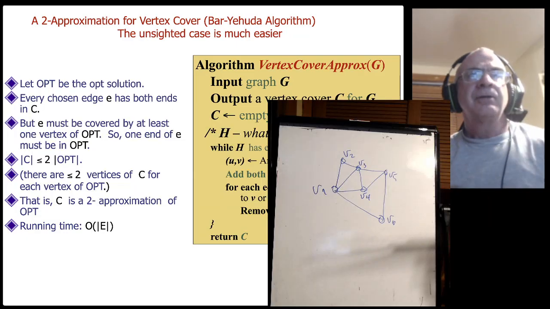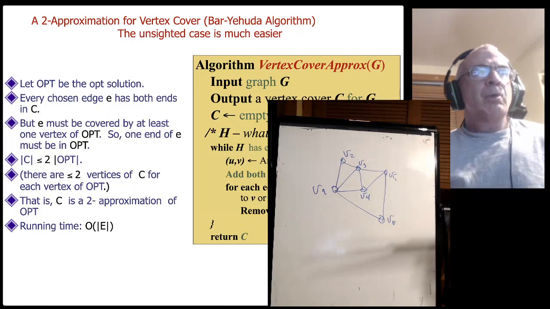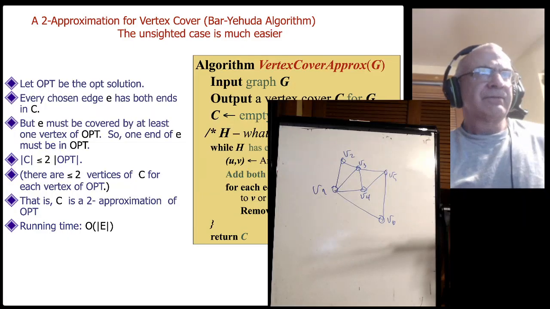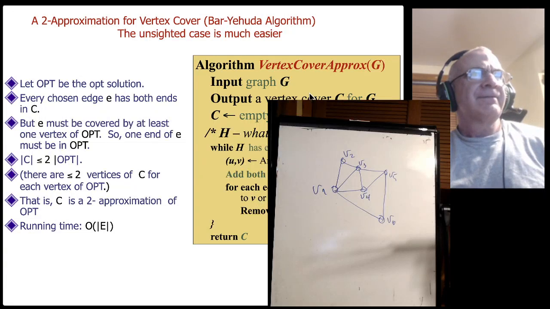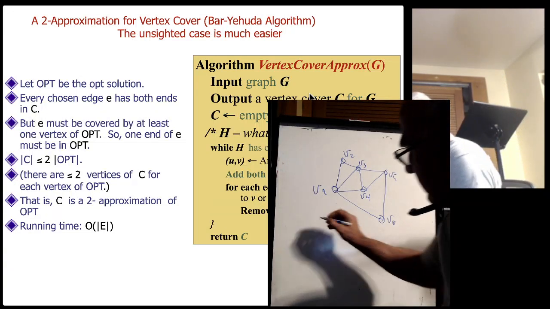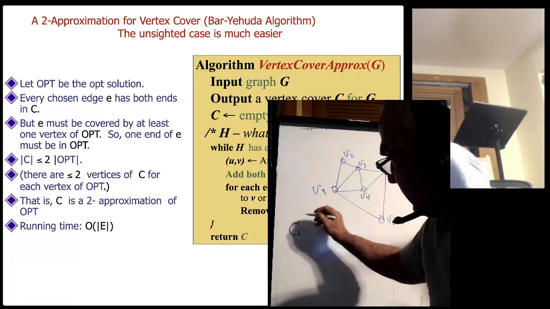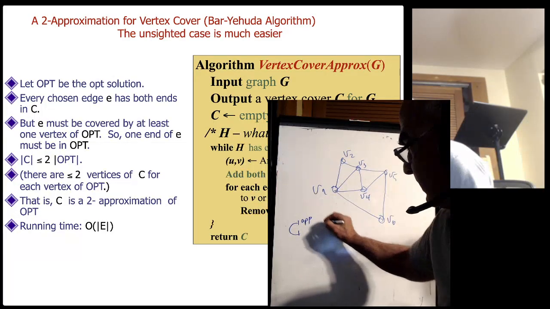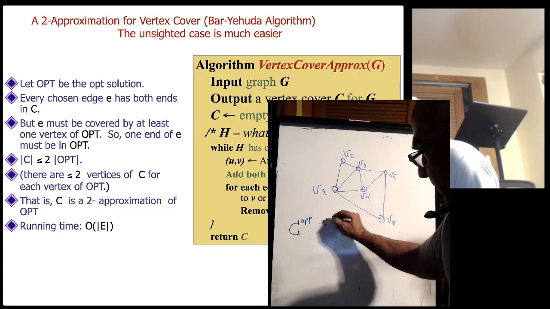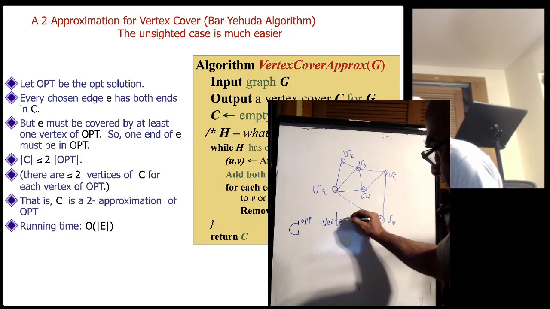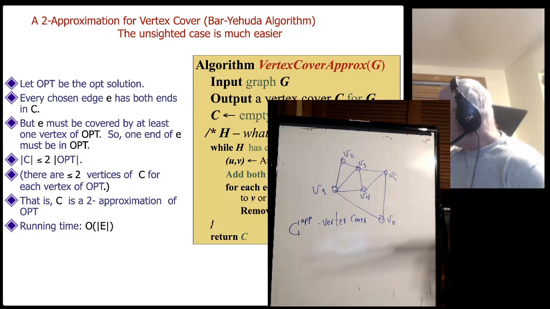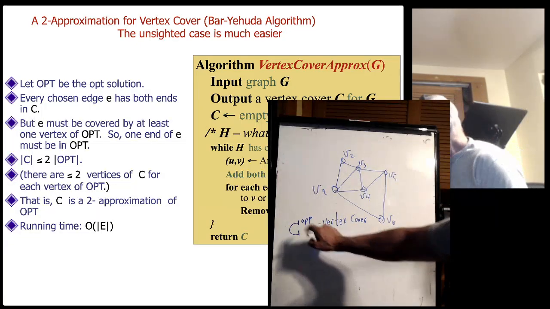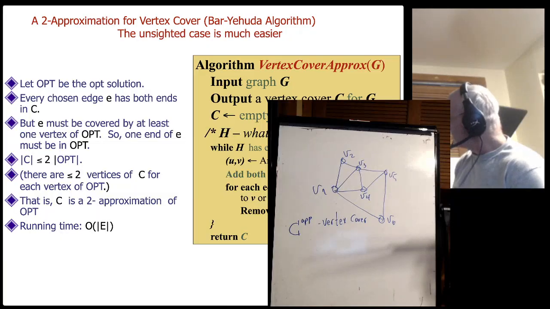Here is a new graph. Now I don't have any weights on the vertices. They are all equally costly. And I want to generate a vertex cover. Again, I want to generate a set C approximate, which will be a vertex cover. Namely, every edge will contain a vertex in the approximated vertex cover.